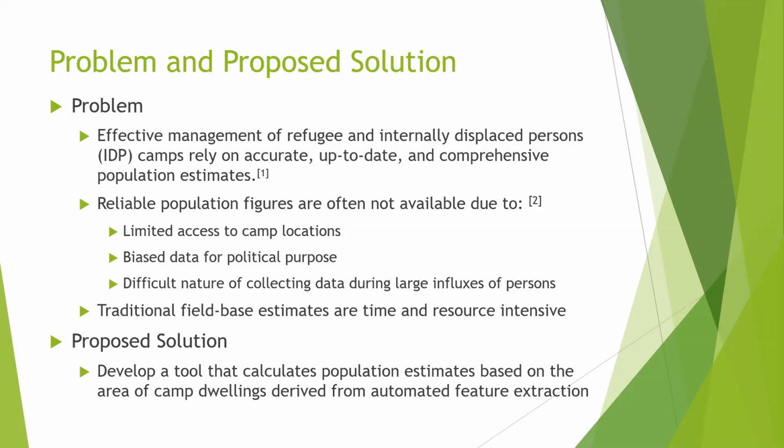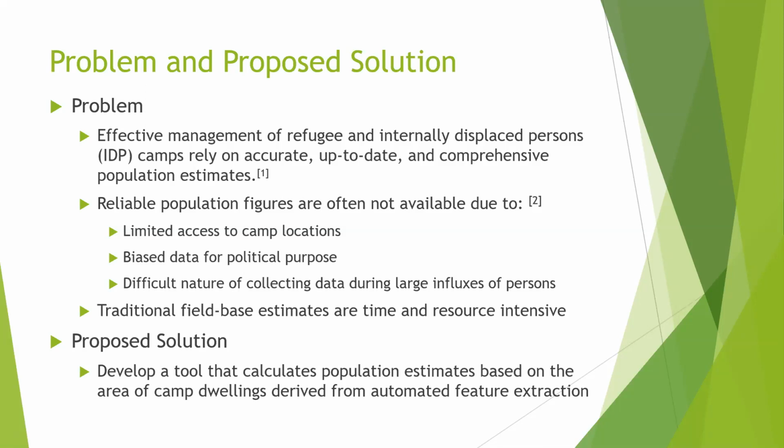Oftentimes these population figures are not available due to limited access to these camps, as they're often located in high conflict zones or areas closed off to humanitarian organizations. Some of the population estimates are also biased for political purposes. This could be overestimates to try to get more funding for these camps, or underestimates when a government is trying to suppress bad publicity that there are large IDP camps within their state.